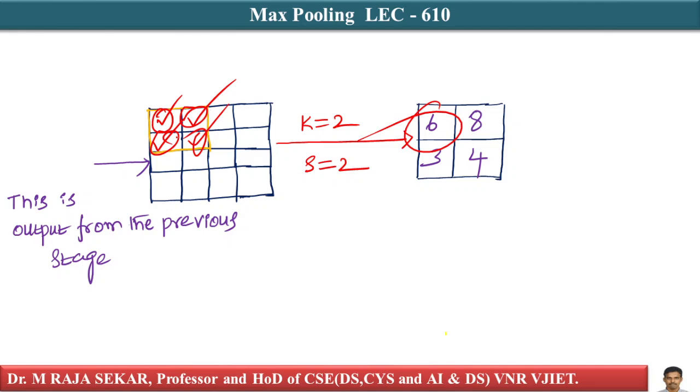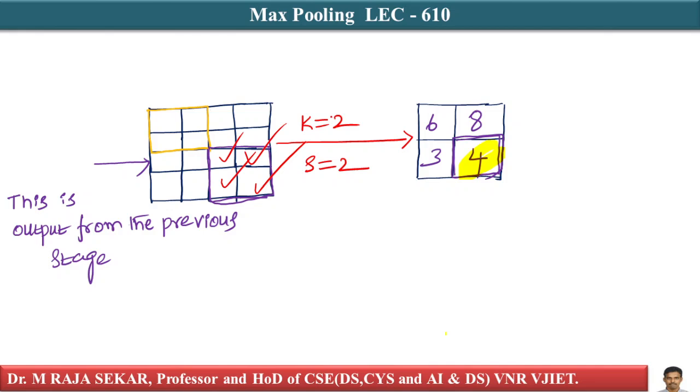Similarly, let me consider another one. Just see this one, 4. Similarly, if you take this value, I am considering this value 4. This value is high. The edge would be present in this pixel, in this pixel, in this pixel. Any edge would be present in any of these 4 pixels.